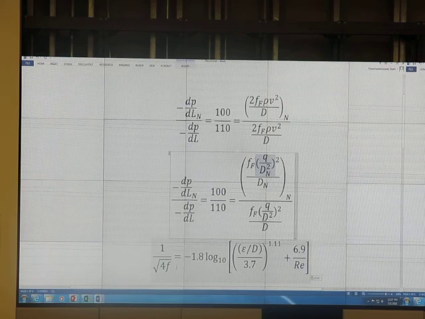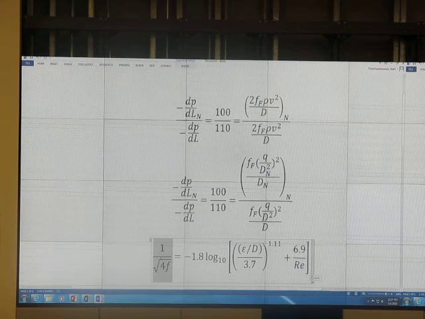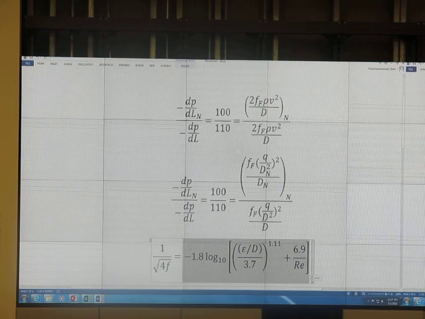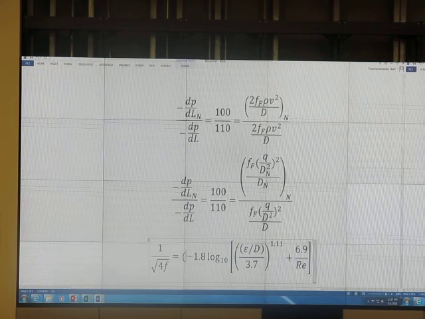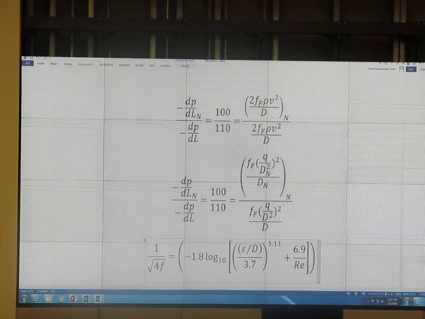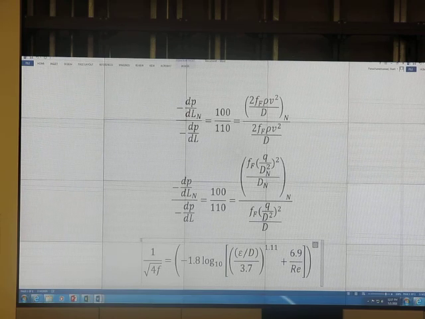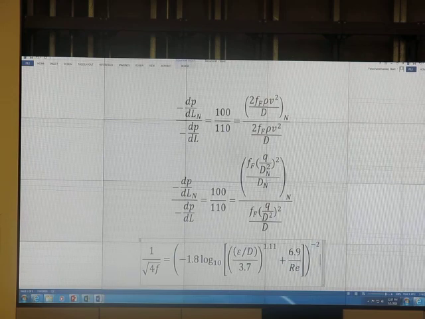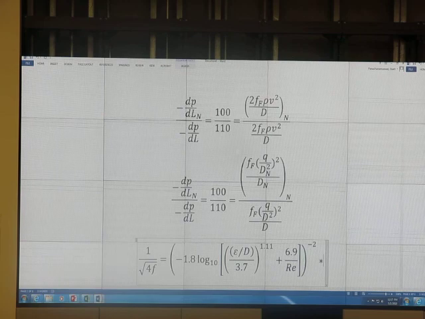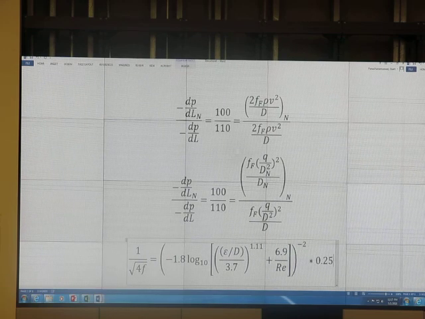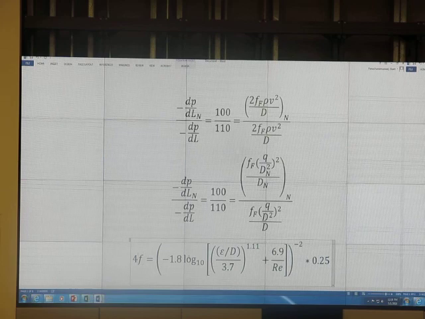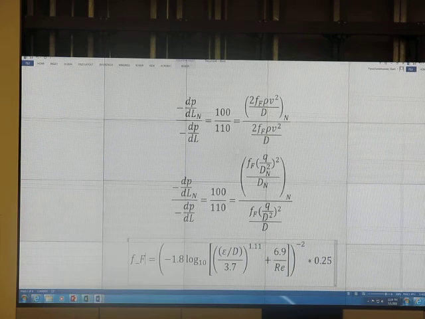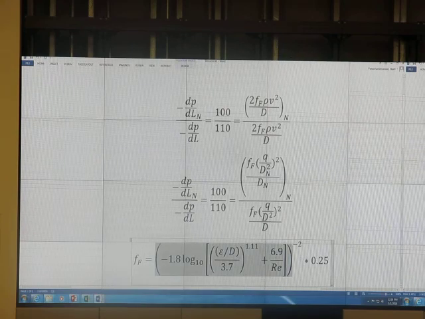On the left hand side, there's only one variable, so I can rearrange it, and the right hand side has everything. So this thing to the power of minus 2, and everything multiplied by 0.25. This part multiplied by minus 2 will give me 4F multiplied by 0.25, so the 4 is gone.